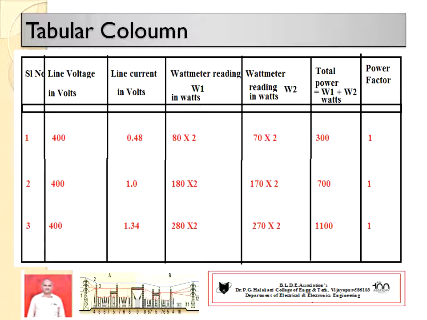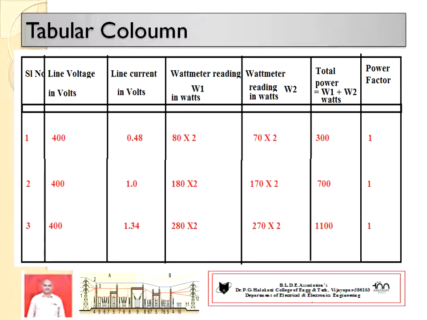A very important point is that you have to calculate the wattmeter constant. Then you multiply: the reading of wattmeter W1 is 80, and the multiplying factor is 2. Before conducting the experiment you have to calculate the wattmeter constant by taking the range of the meter we are using.